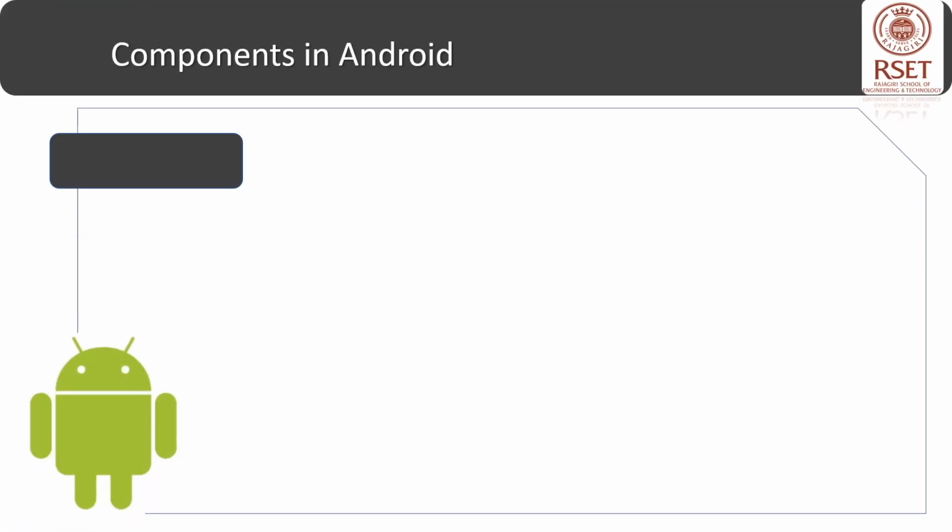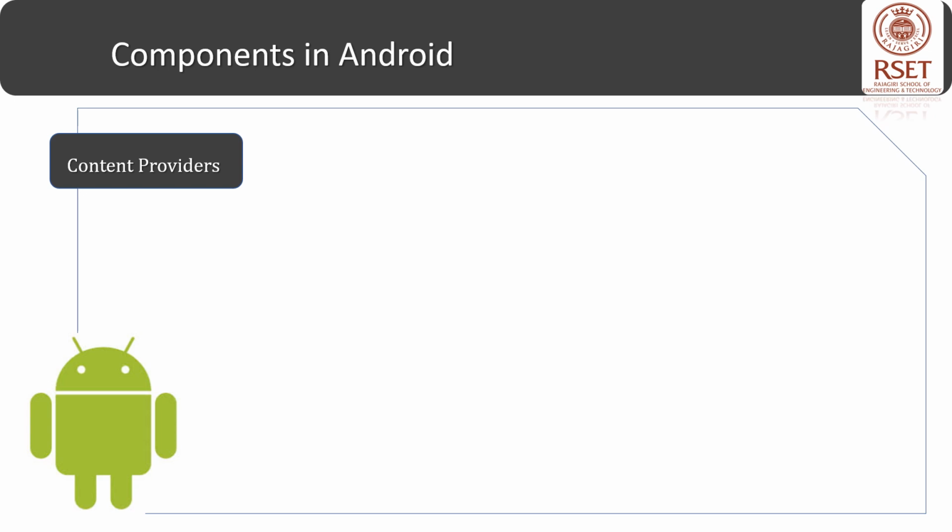Now let's discuss content providers in Android. Every application will have data and some storage space for storing this data as well, right? Android is also an application, so this app should have some storage space to store those data.